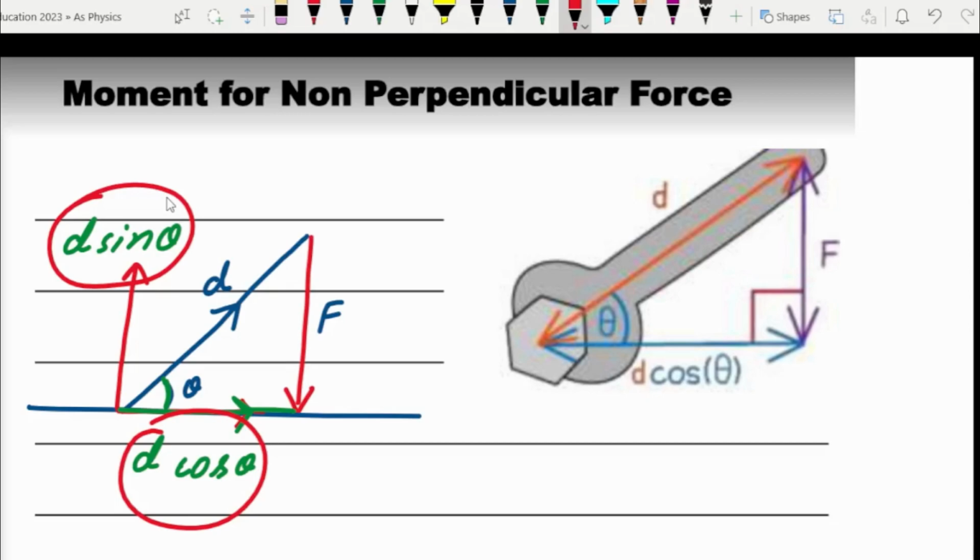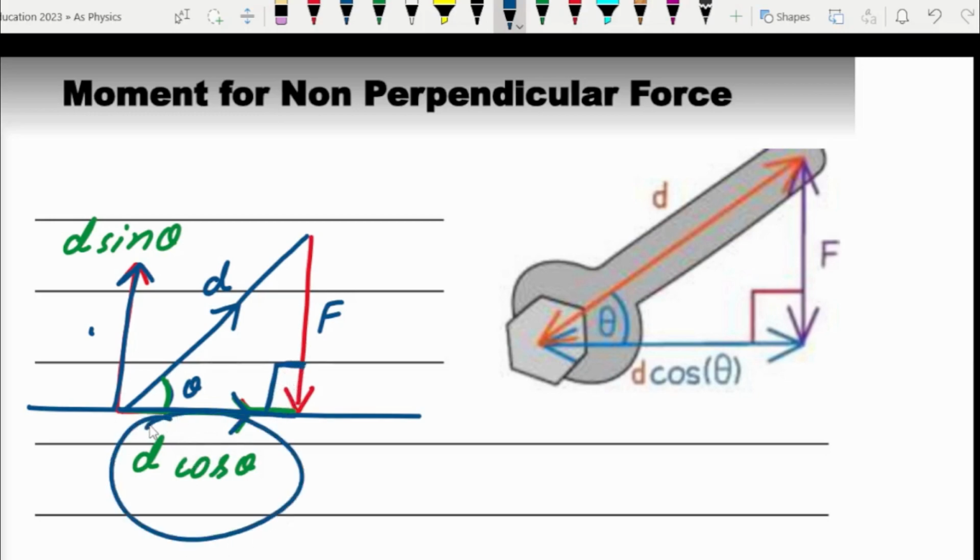Which component? D cos theta, this is along the x-axis, and F is along the y-axis, so you get a 90-degree angle over here. So d cos theta is the component that is perpendicular to force.